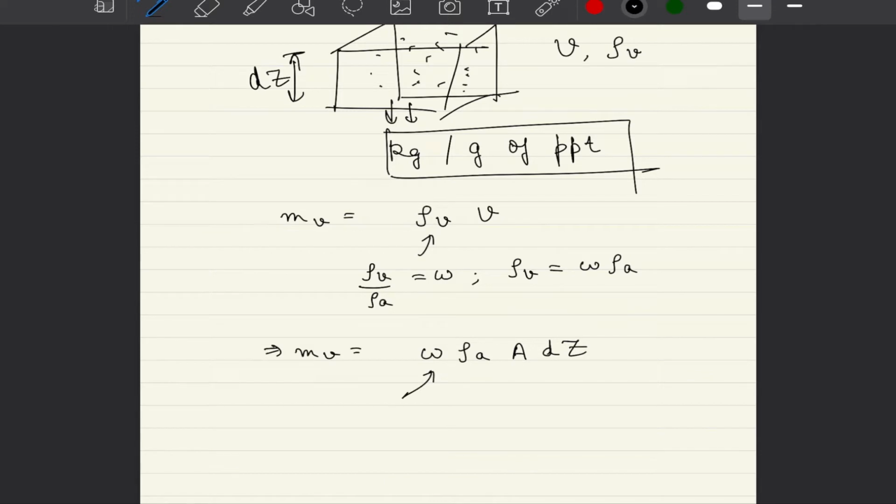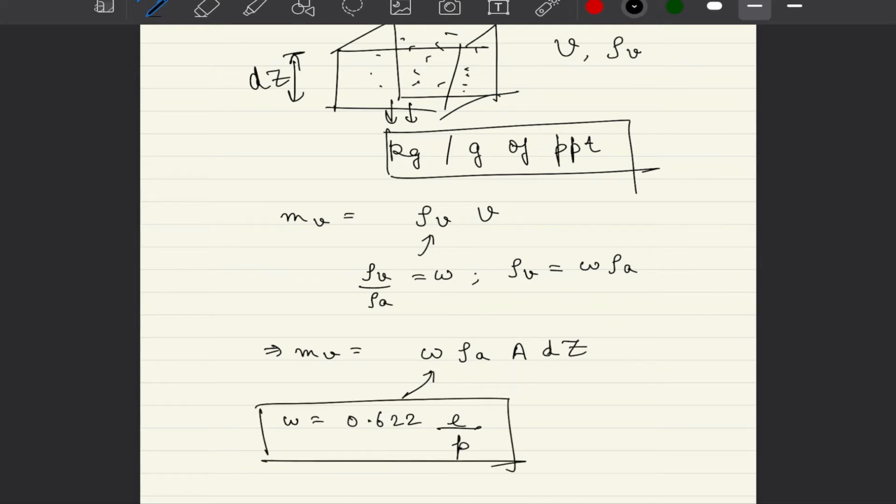And we also know that this specific humidity can be estimated as 0.622 times vapor pressure divided by the atmospheric pressure or air pressure existing at a particular altitude. So once we determine E and P, we should be able to calculate the mass of vapors present.